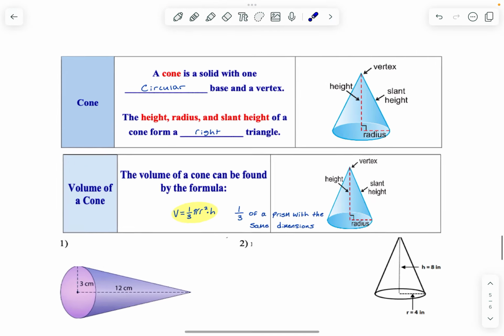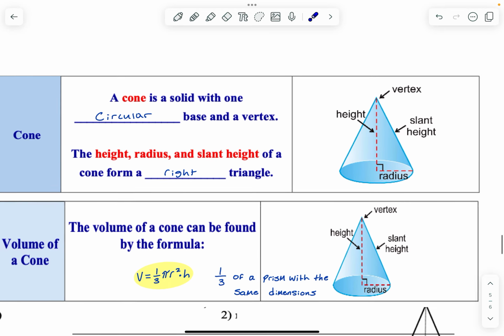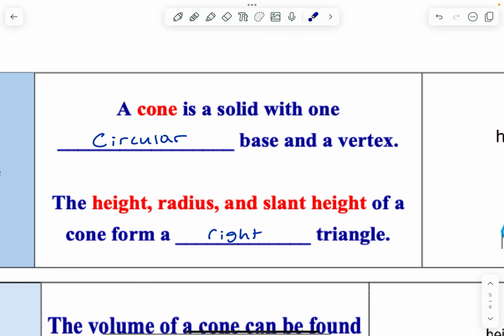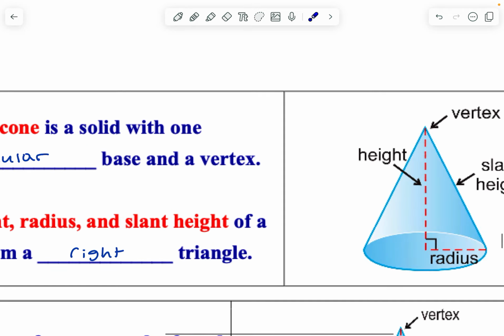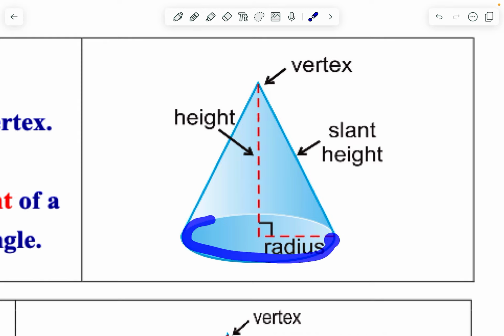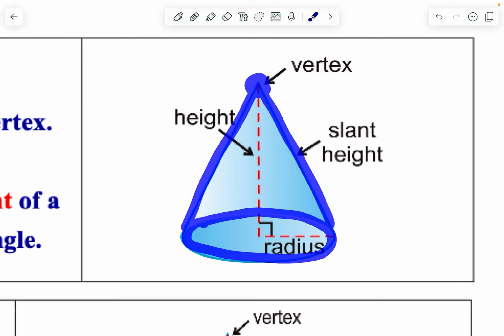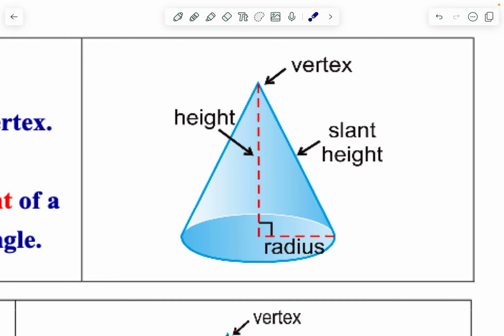On to the last shape that we are looking at today, cones. A cone is a solid with one circular base and a vertex. Circular base, and any line goes right up to the vertex.